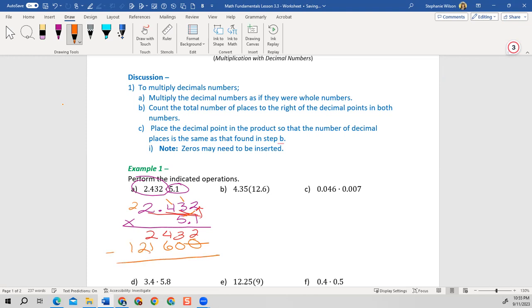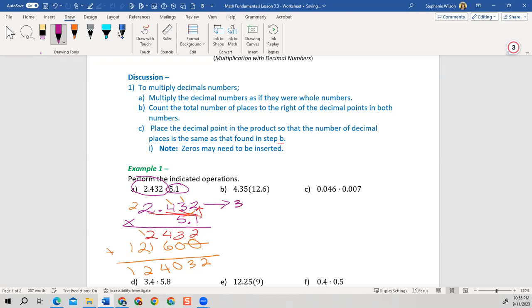Now let's line this up and add it up. I got 2 plus 0, 3 plus 0, 4 plus 6, carry the 1. 1 plus 2 plus 1 is 4. Bring down the 2 and 1. Now I want to know what to do with the decimal. So I'm going to look at this one and ask how many decimal places are there. There's 1, 2, 3.